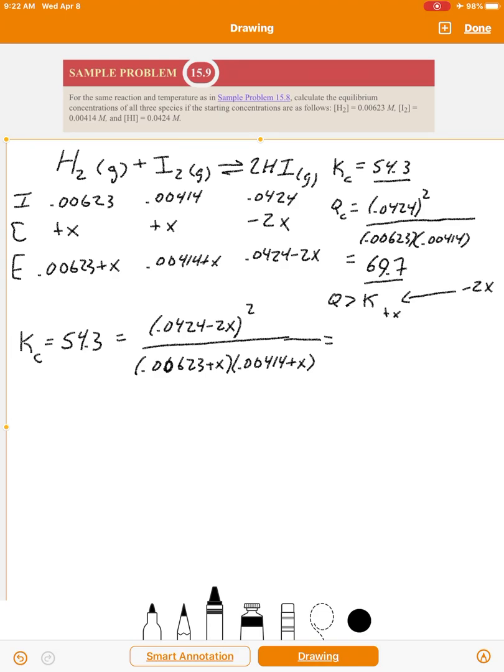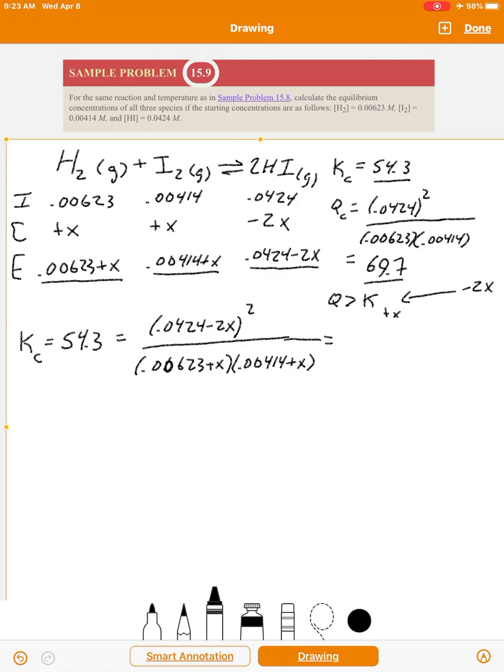So we have to do this the long way. We have to expand everything out and solve for x using the quadratic formula. Okay, so the strategy here will be to use algebra to solve for x, figure out what x is, and then plug them back into our equilibrium concentrations to find the equilibrium values for all of the reactants and products.